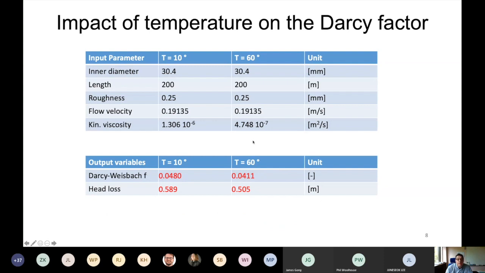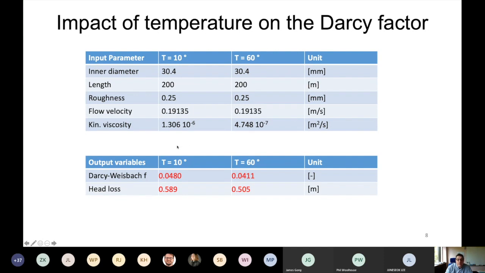So here is a calculation of the kinematic viscosity. This is premise plumbing with 3 centimeter inner diameter, length 200 meters. The internal roughness is 0.25 millimeter, and here is the flow velocity.